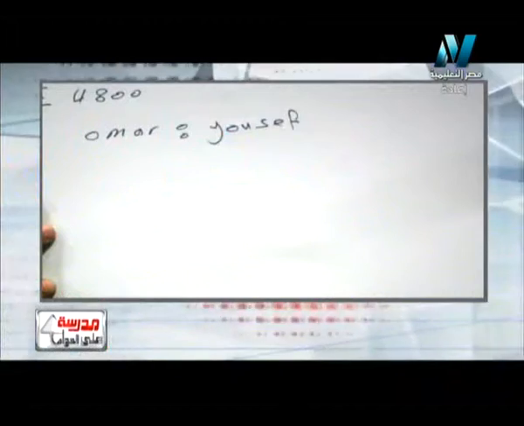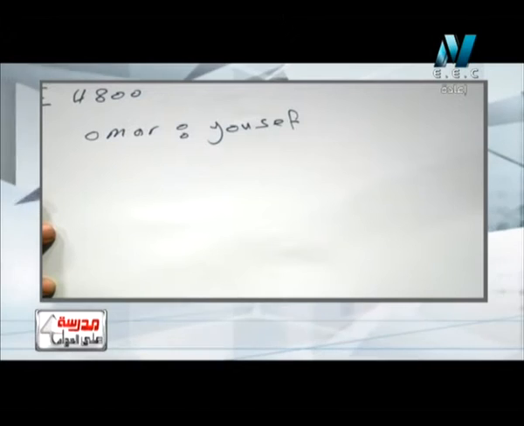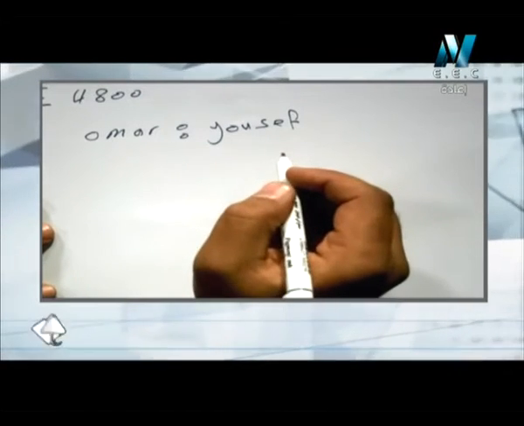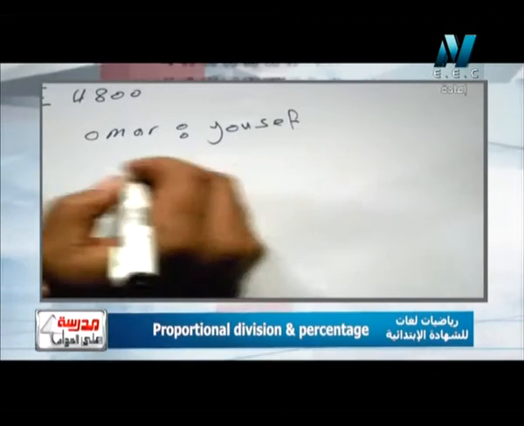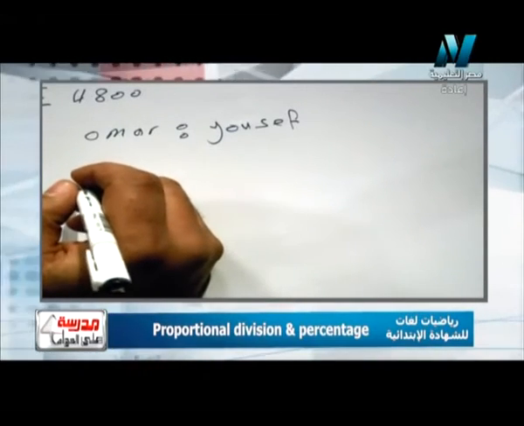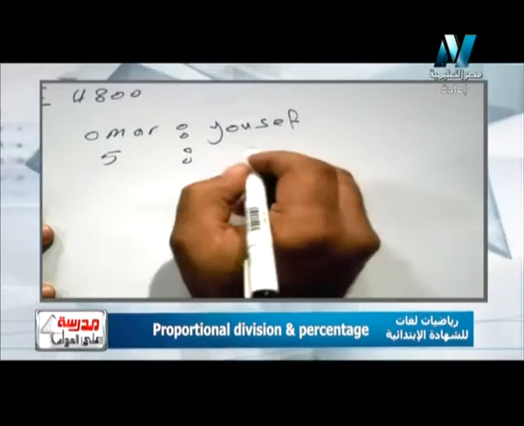We have 4,800 LE to divide between two persons with a certain ratio. The ratio is 5/7, which means 5 to 7.